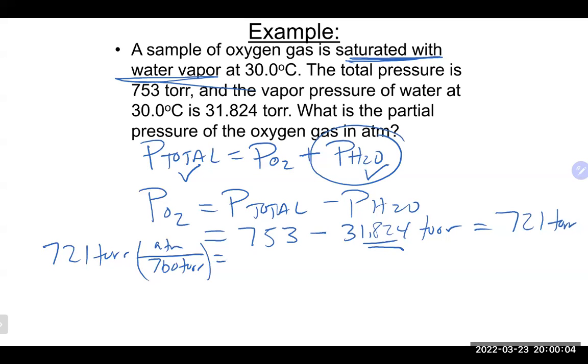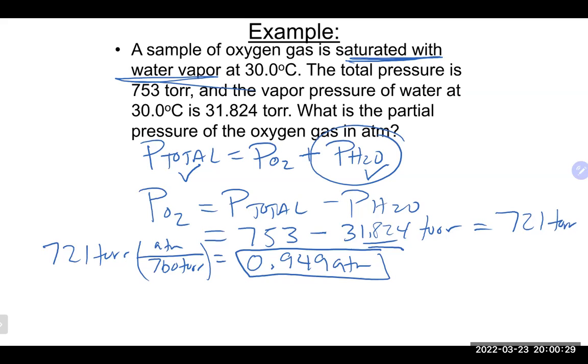So dividing by 760 gives us a pressure of the dry gas of 0.949 atmospheres. So this is again a common partial pressure situation, also a very common laboratory correction that you do a lot, because a lot of times it's convenient to collect the gas with water.